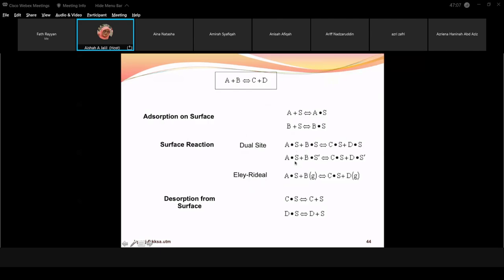This is the same type of site. If you can remember, this is a different type of site, S prime. And then if Eley-Rideal, one is attached and one is not attached on the site, so gas. You have to know. And then the desorption is the reverse of this, so both desorb from the surface.